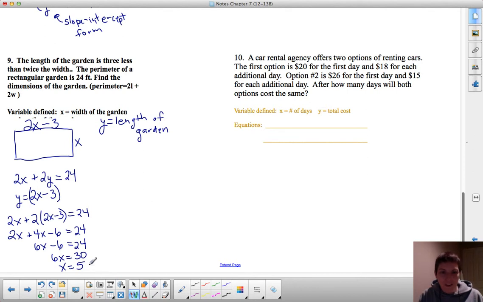Remember, x equal to 5 isn't enough. It didn't ask me just for 1 measurement. It asked me for 2 measurements. So if x is equal to 5, then, these are my ones that have both x and y in them, right? We always go back into a place where there's x and y. So y is equal to 2 times 5, and then subtract 3.